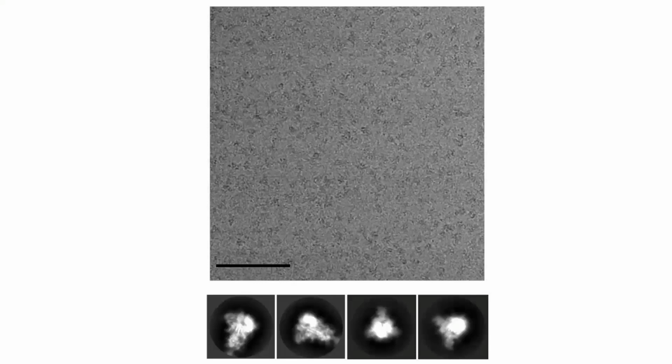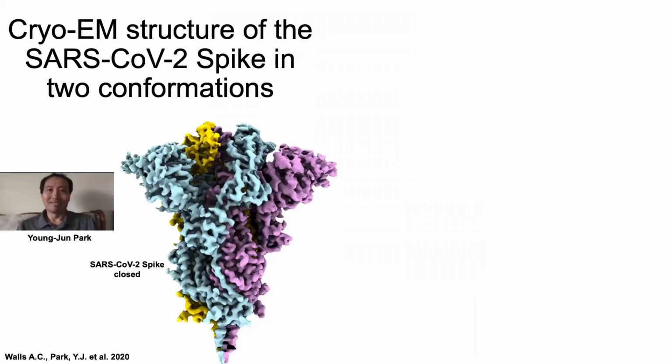And what he was able to get from this beautiful data set, we collected quite a large data set, a little over 4,000 images, is truly the structure of the SARS coronavirus 2 spike protein. You can see that it's a trimer, so each monomer is colored in a different color, blue, yellow, and pink.